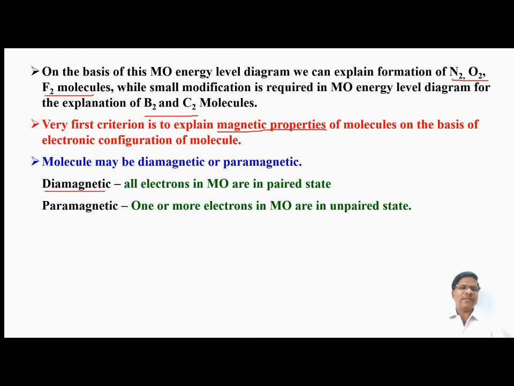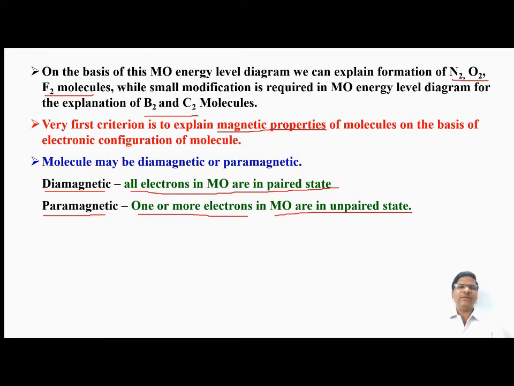So what is a diamagnetic molecule? All electrons in the molecule are in the paired state. Such a molecule is called diamagnetic, while a molecule in which one or more electrons are in the unpaired state is paramagnetic in nature.